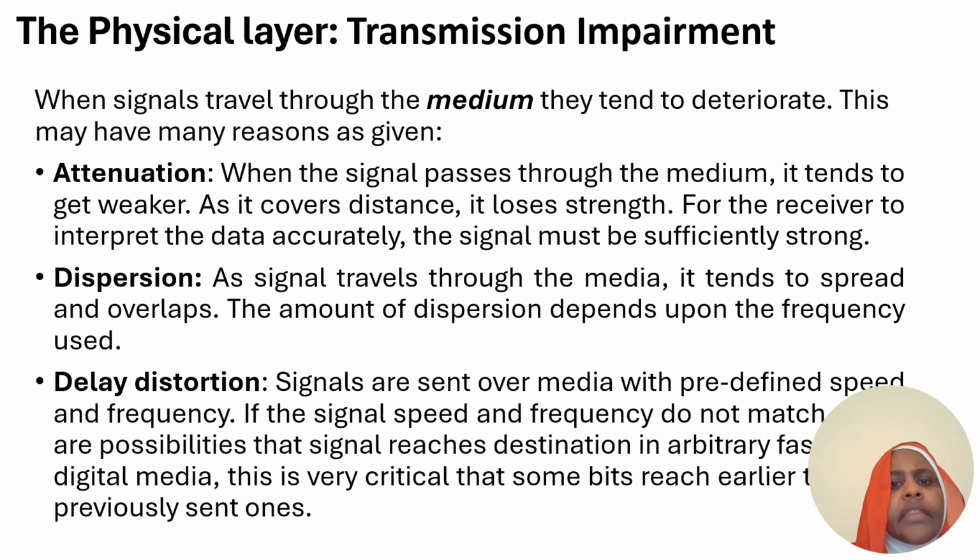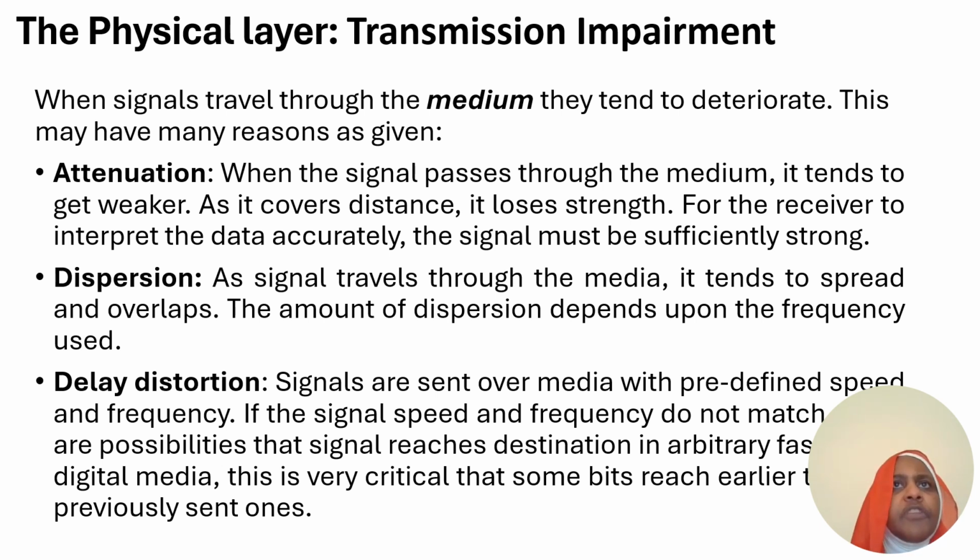Dispersion. As the signal travels through the media, it tends to spread and to overlap. This creates dispersion, and the dispersion depends upon the frequency used. Delay distortion. When the signal is sent over a media, it's sent with a predefined speed and frequency.